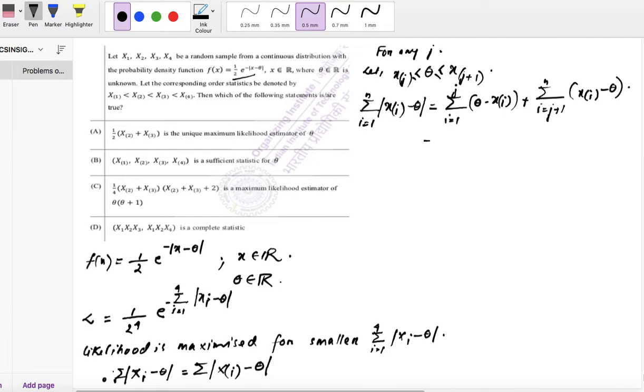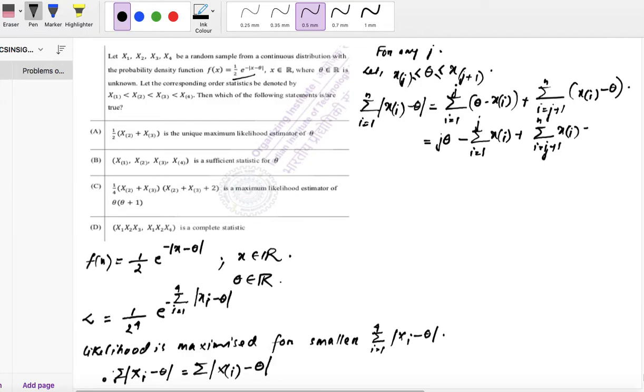Okay, what we get here: j theta minus the sum for i from 1 to j of xi, plus the sum for i from j plus 1 to n of xi.